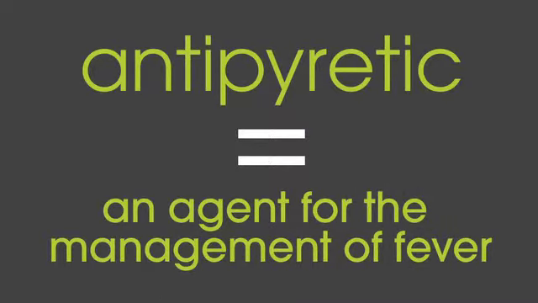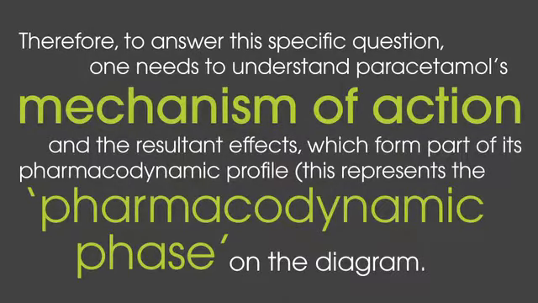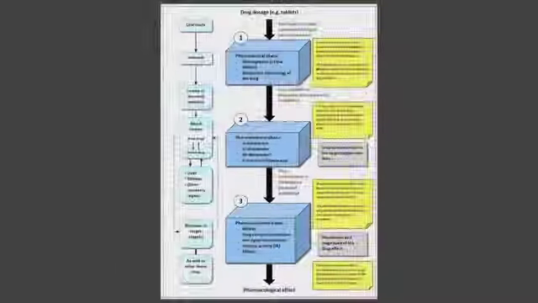However, it is not effective as an anti-inflammatory agent due to its lack of activity against the COX-2 isoenzyme. Therefore, to answer this specific question, one needs to understand paracetamol's mechanism of action and the resultant effects, which form part of its pharmacodynamic profile. This represents the pharmacodynamic phase on the diagram, which is illustrated at number 3.